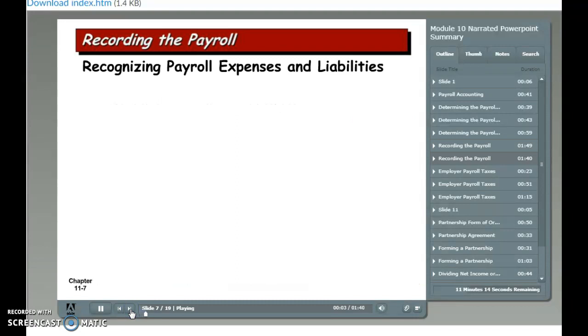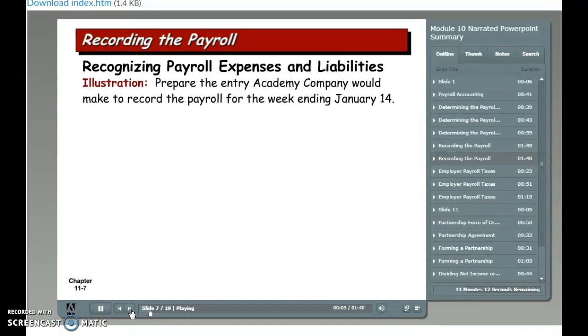The journal entry recorded for the January 14th payroll register on the last slide includes the debits to the two expense accounts, office salaries expense for $5,200 and wages expense for $12,010. The company cannot keep the amounts withheld from the employees' paychecks.